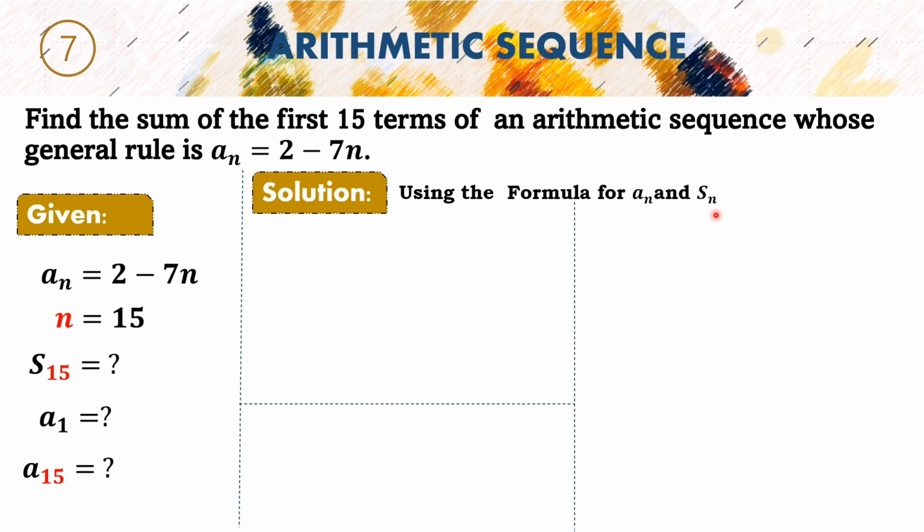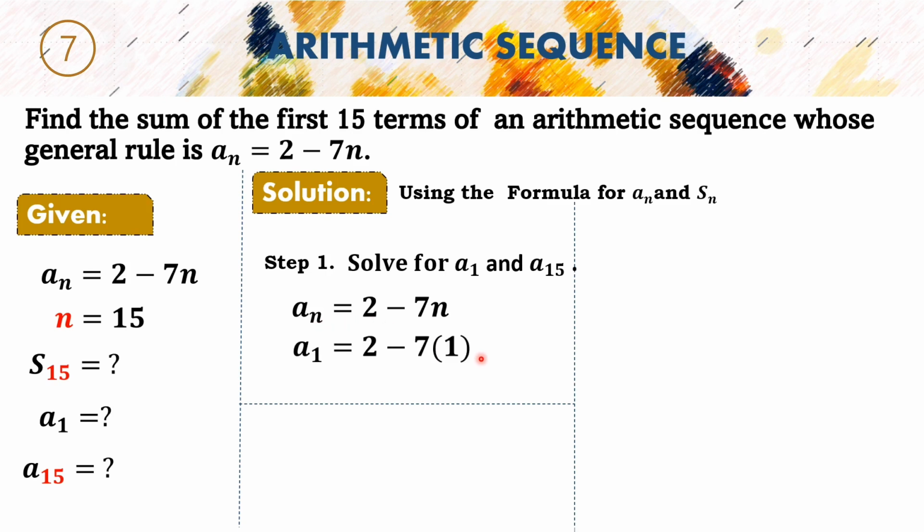So step 1, solve for the first term and the last term by using the general rule, or nth term, a sub n equals 2 minus 7n. a sub 1 equals 2 minus 7 times 1, therefore it's negative 5. For the last term, a sub 15, that is 2 minus 7 times 15, which is equal to negative 103.